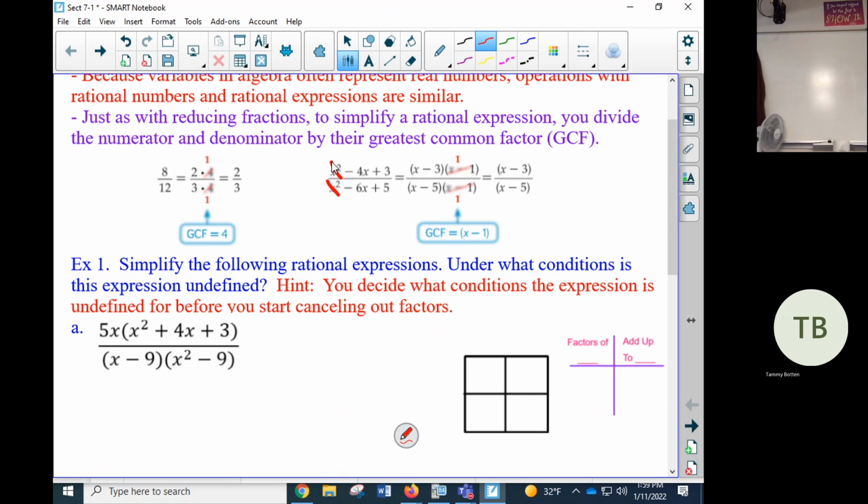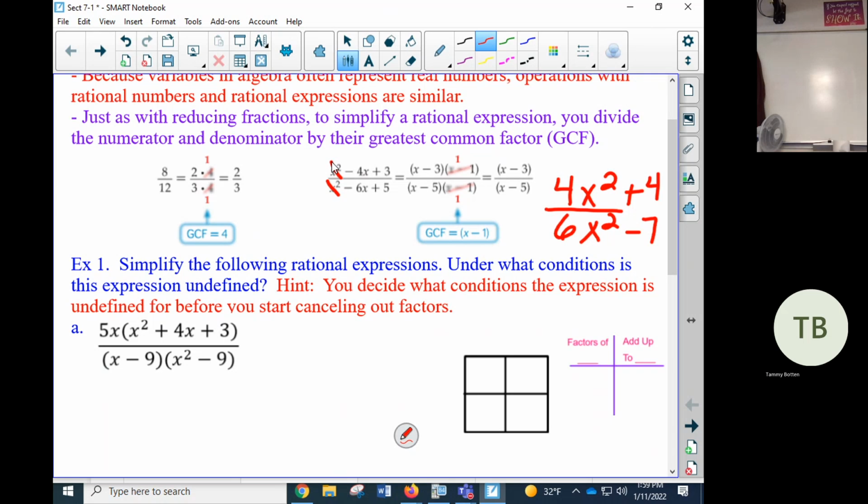If you had 4x squared over 6x squared, you can reduce those. But once you have something added or subtracted to that, you cannot get rid of those x squareds.